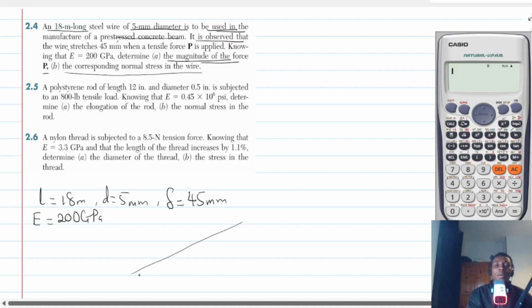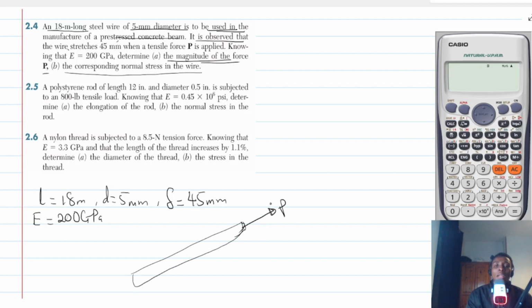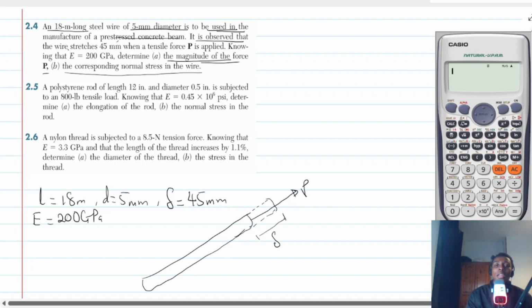So think about a wire like this, where we have applied a tensile force. Once we have applied a tensile force, it is going to extend, and that is what we are calling delta.